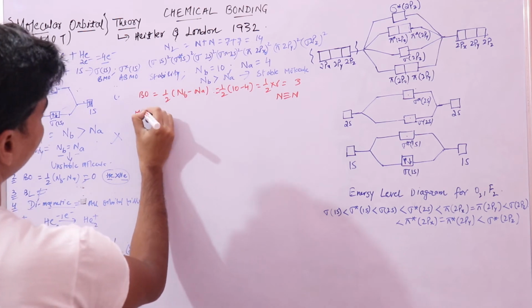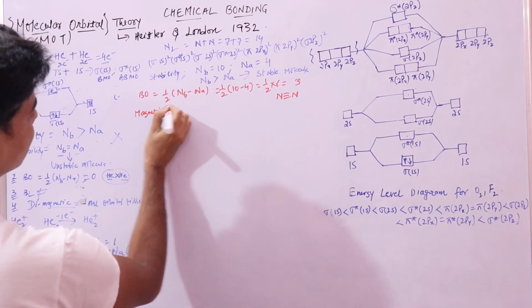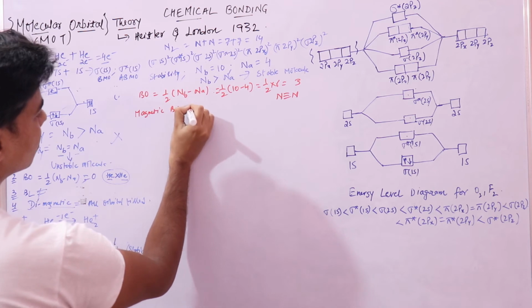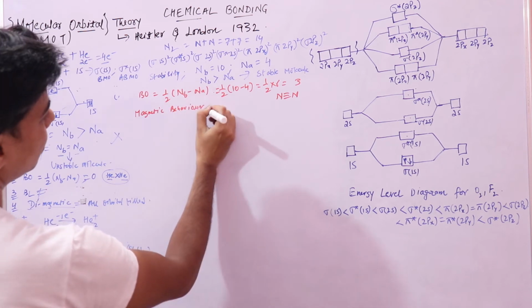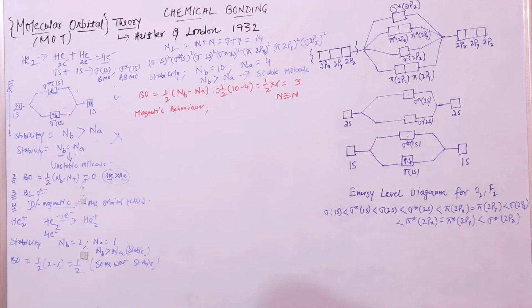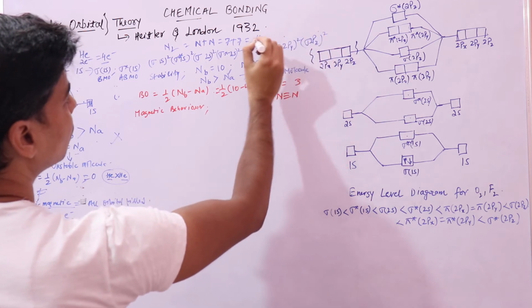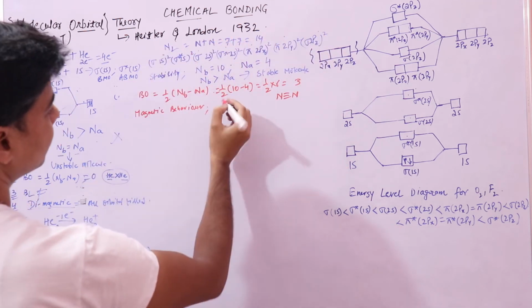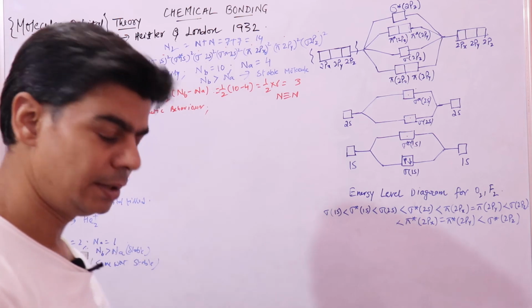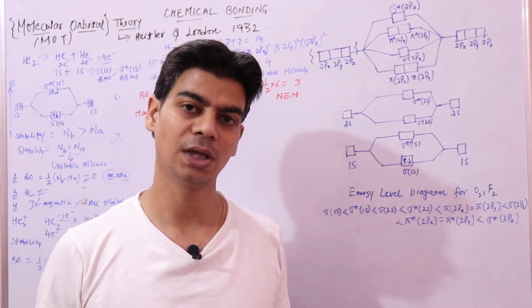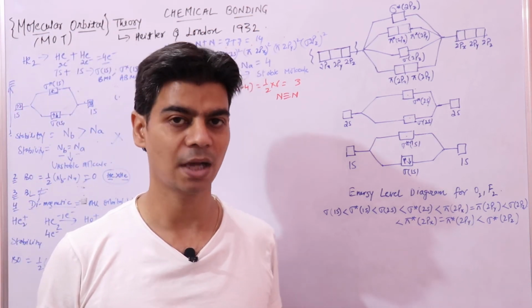Let's look at its magnetic behavior. You can see that all the orbitals are filled. Since all the orbitals are filled, no orbital is left half filled.